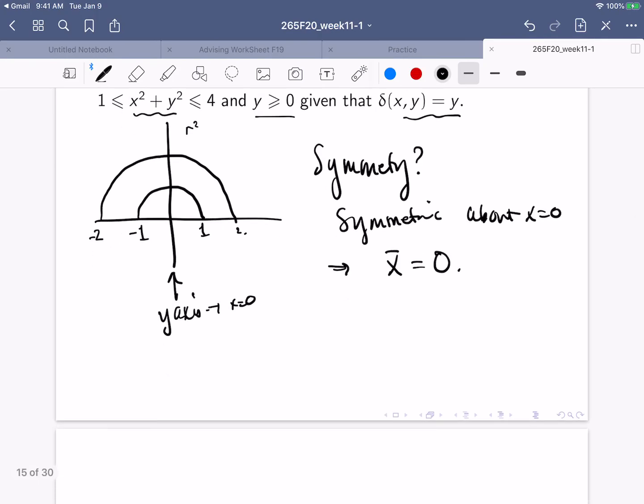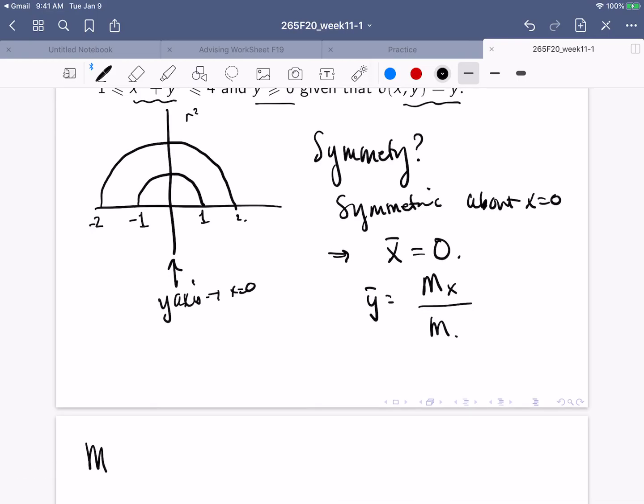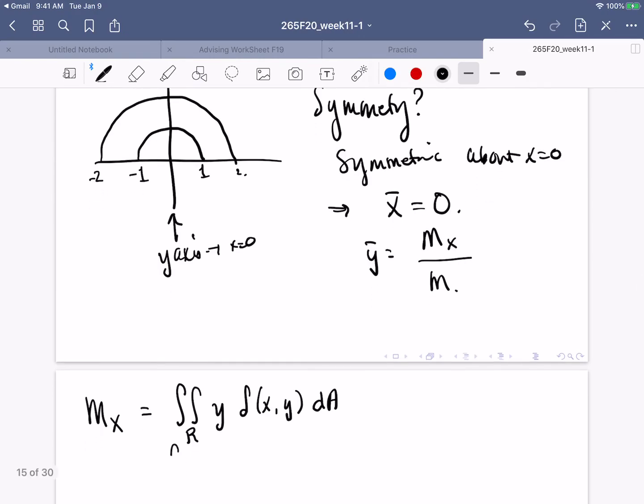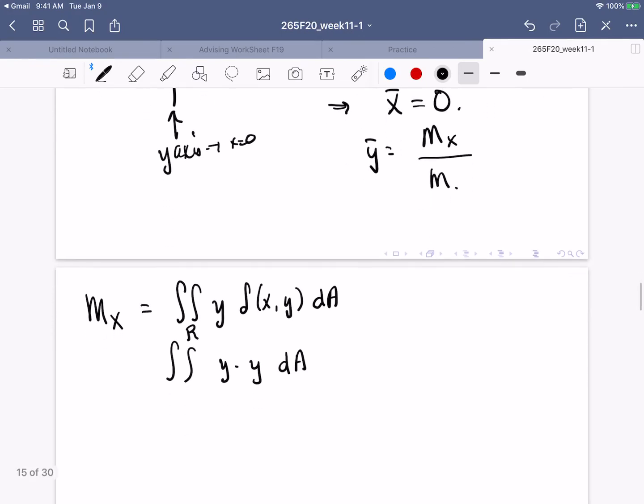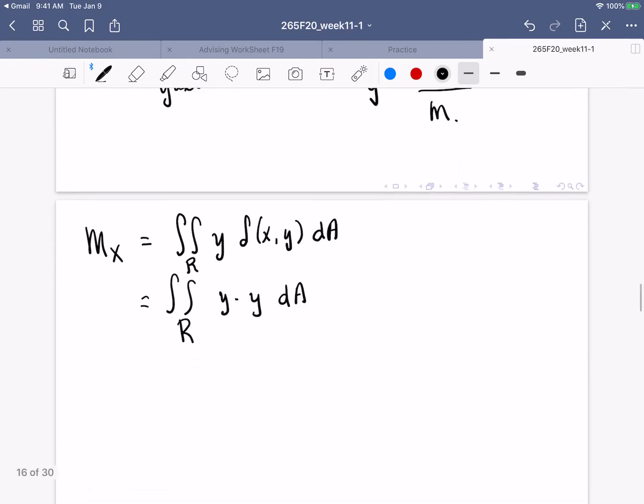Okay. So now we need to find y bar, which means I need to find the moment about the x-axis divided by the mass. Okay. The moment about the x-axis is the integral over the region of y times the density function. So I've got y times y, integrating over my region.